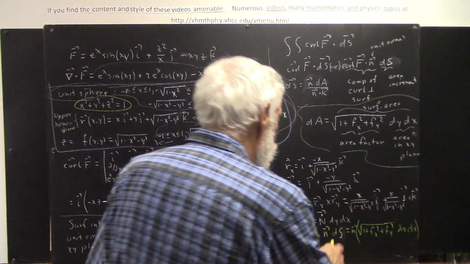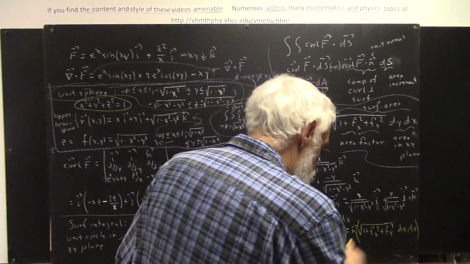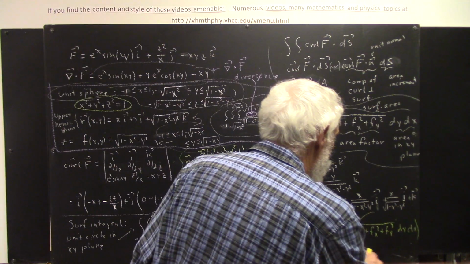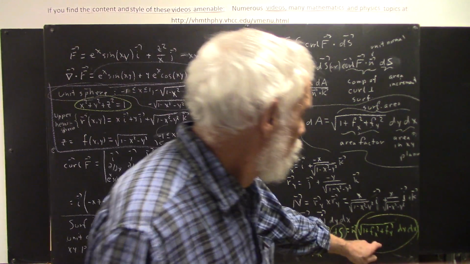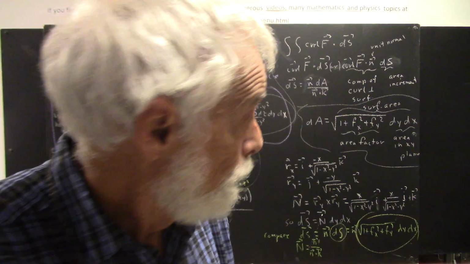And just to be clear, dS without the vector, pick a different color. That doesn't contrast very well, but there it is. It's just the area multiplier times our area increment.